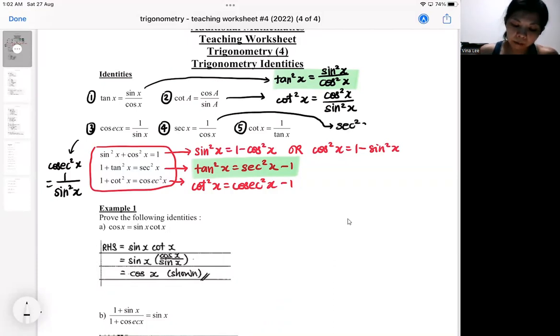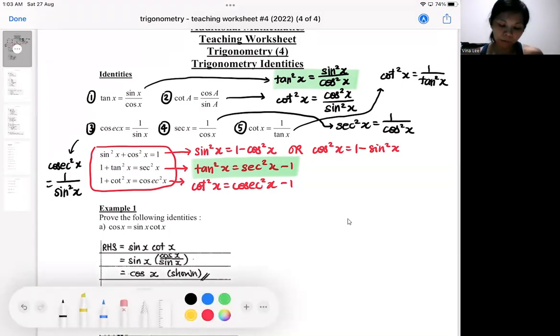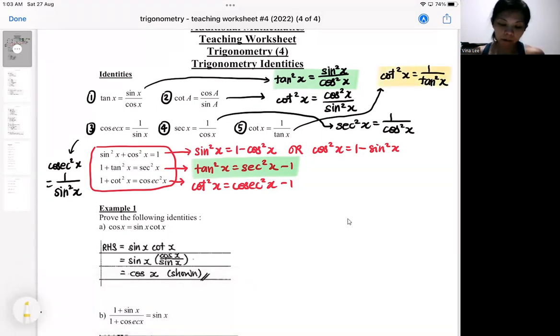So secant square equals 1 over cosine square x. Same thing here. Cotangent x is 1 over tangent, so cotangent square can be 1 over tangent square. All these could be used. If you look at cotangent square, there are two formulas. It can be this or it can be this. So it gets quite confusing.